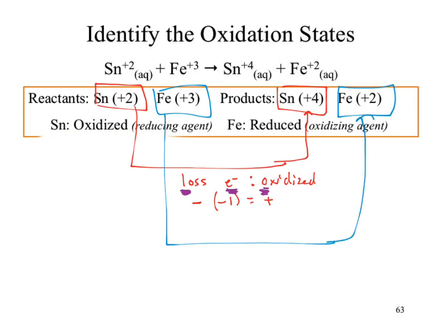To go from a +3 to a +2, its oxidation state was reduced. So I could even ignore the whole electron part because it was reduced. It was reduction. And reduced meant gain of electrons.